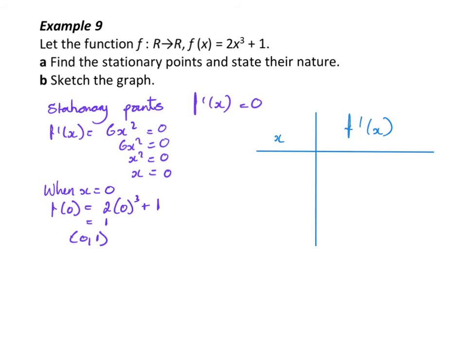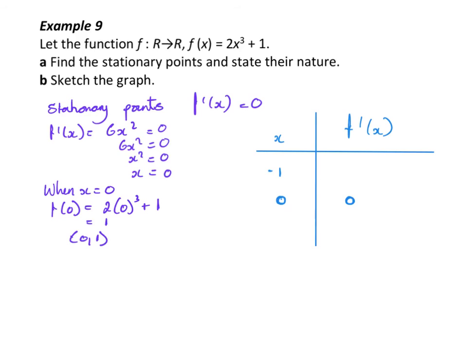Well, remember, what we need to do is test around our x value to see what's happening with the gradient. So we know that when x is equal to 0, that f dash of x, or the gradient, is also equal to 0, because that's our stationary point. So what happens at -1?